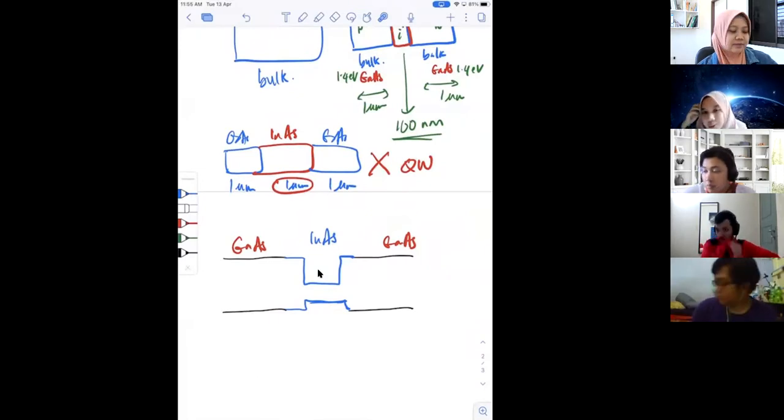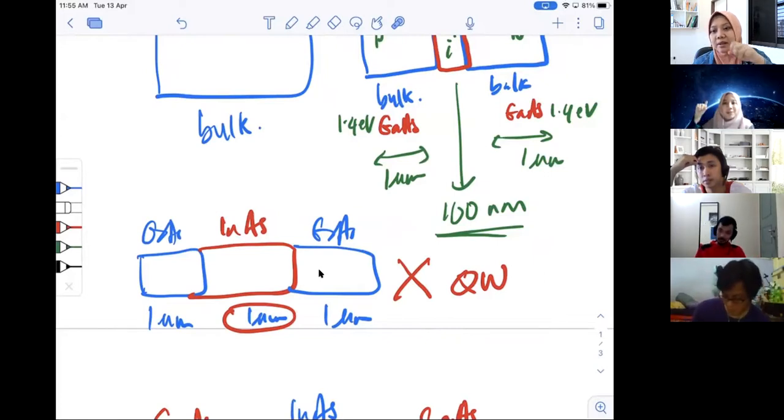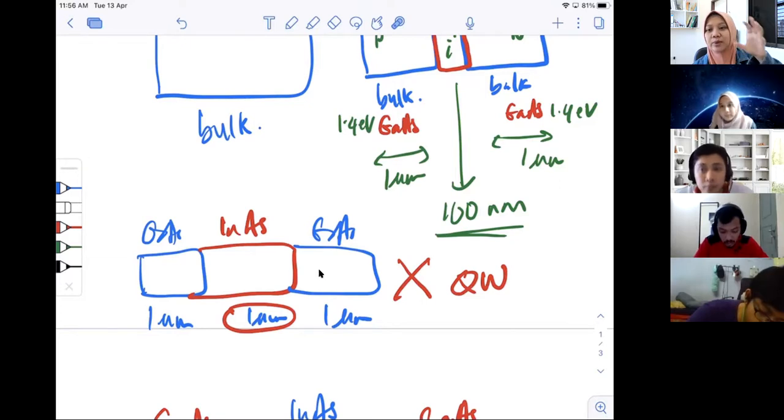Just now I said there are two band gaps, meaning two materials, so two band gaps. What I drew just now was not a device but material, so there is no bias. But you should be able to draw it in a device.